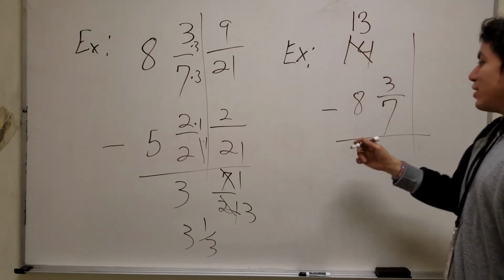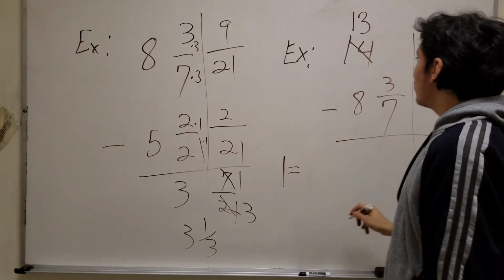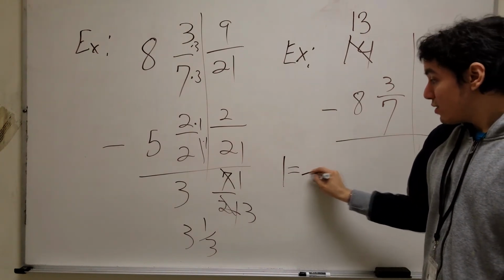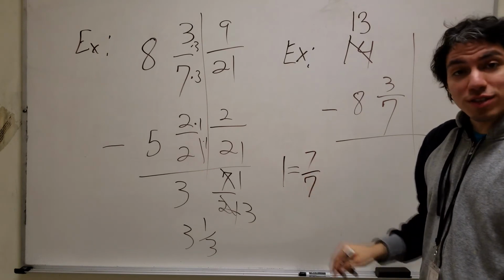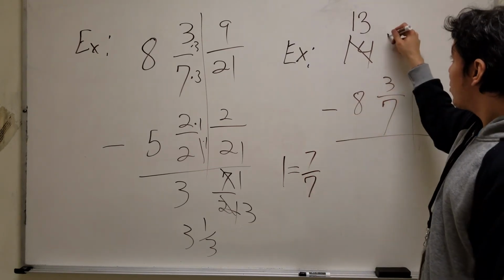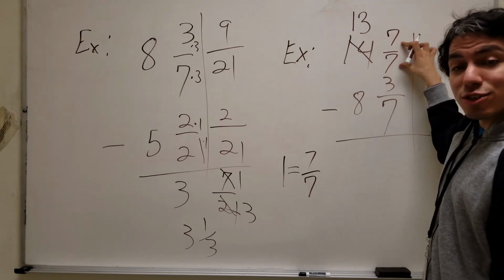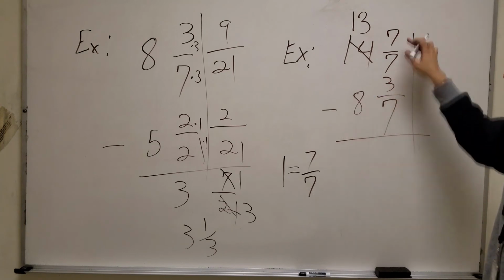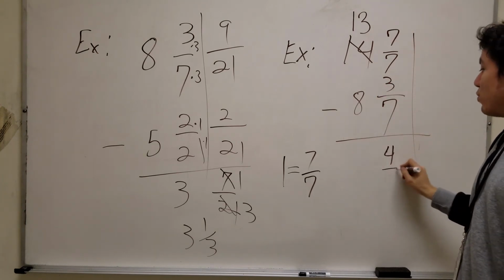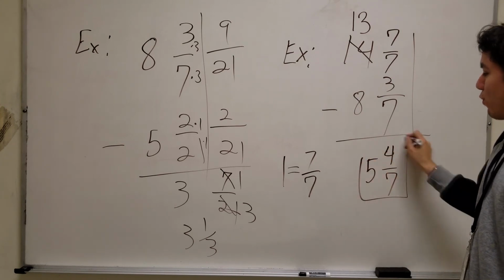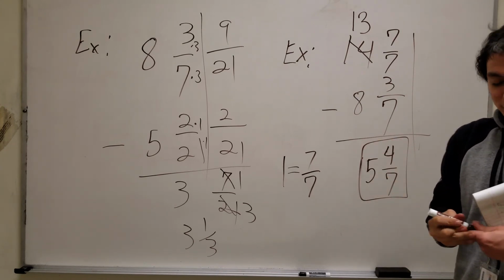Now, with this 1, what's the denominator? 7. So I want to make this number 7 over 7, because if I divide these two, I get 1. So I'm going to put 7 over 7 in the space that was empty, and now I'm going to subtract these like normal. I get 4 over 7, 13 minus 8 is 5, so 5 and 4 over 7 is my answer.